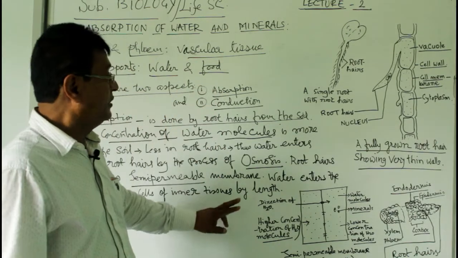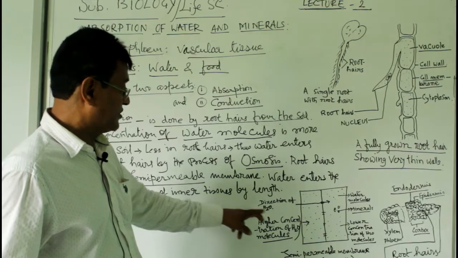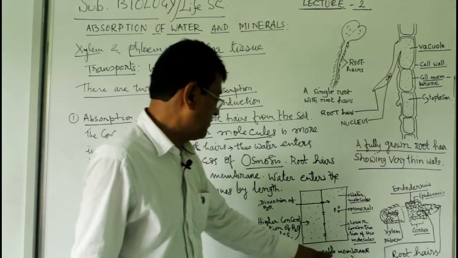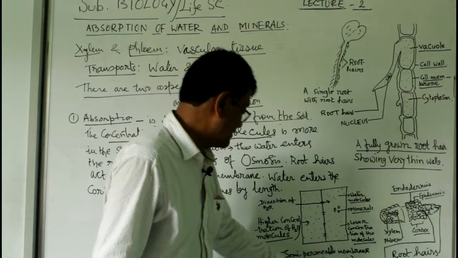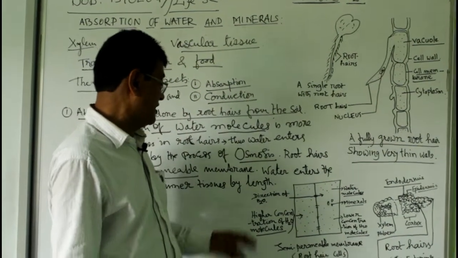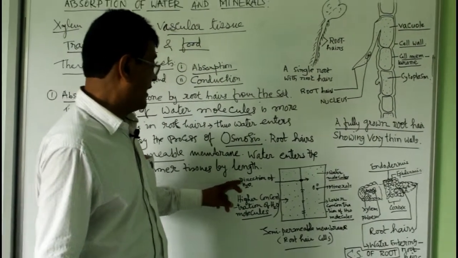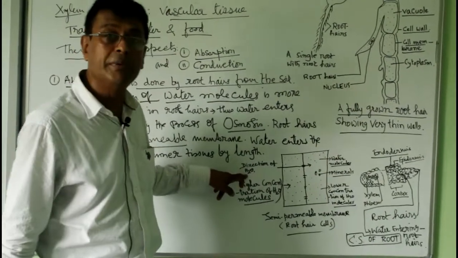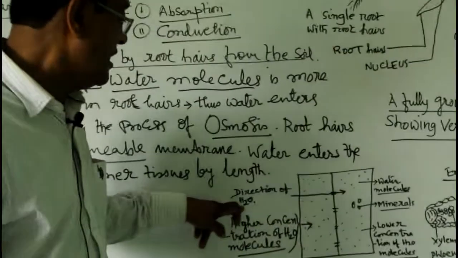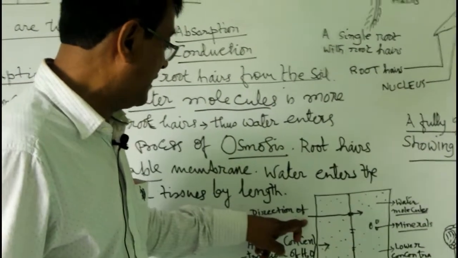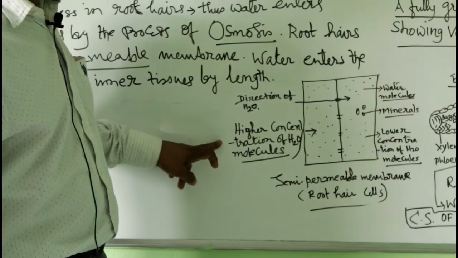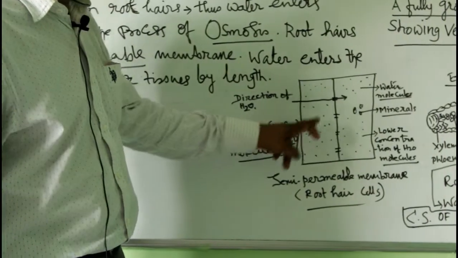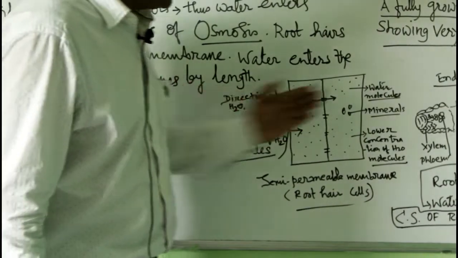Here you see another diagram. This diagram shows the semi-permeable membrane, which acts as the root hair cells. Now see the diagram. Direction of water, H2O, you know that is the term for water, and the arrow mark shows the movement of water. The higher concentration of water molecules is here, and they are going to the lower concentration.